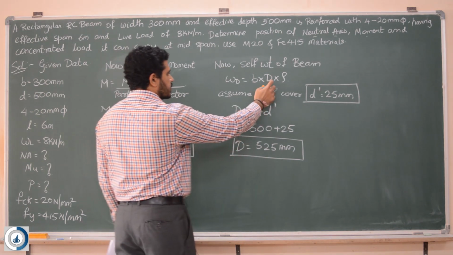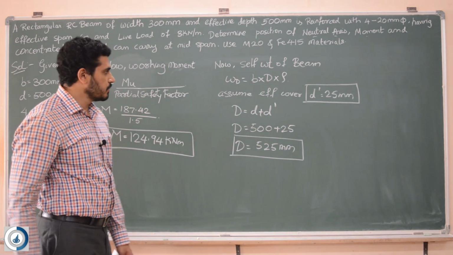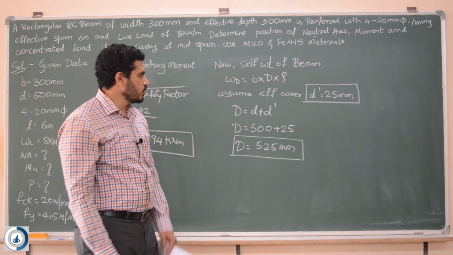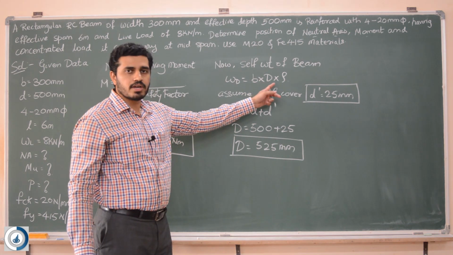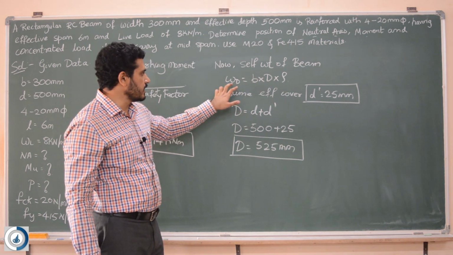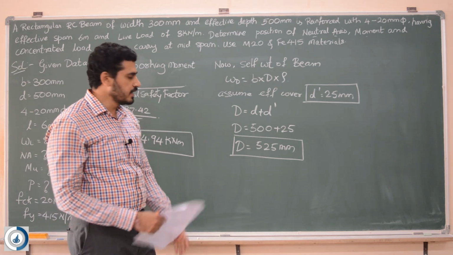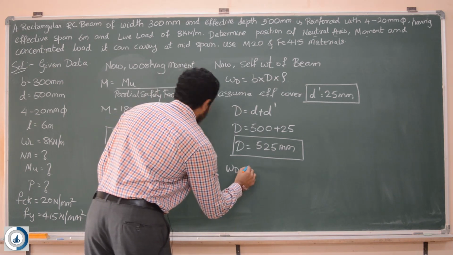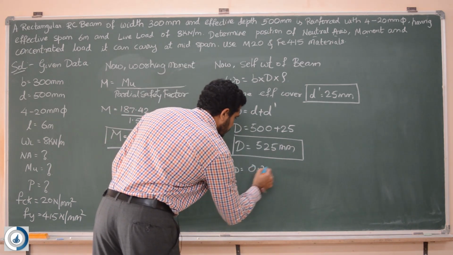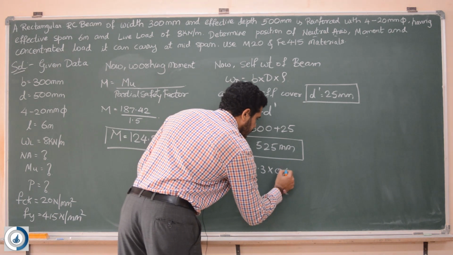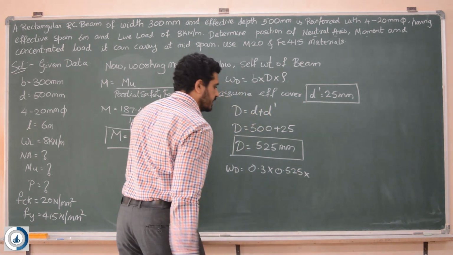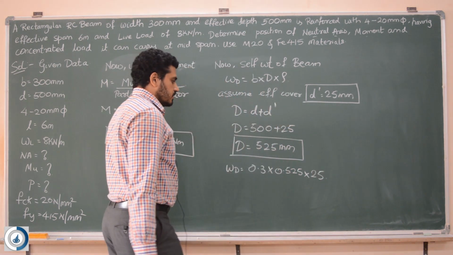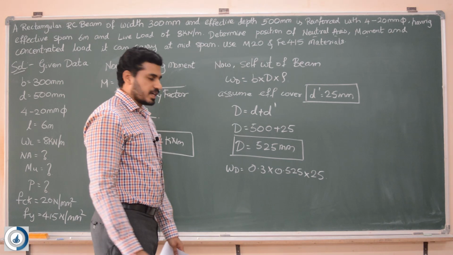Now this D can be substituted here and you can get the dead weight of the beam. One thing you have to remember is that the density is in kilonewton per meter cube, so we will substitute small b and overall depth in meters, so that we get the dead weight of beam in kilonewton and meter. So WD equals b, which is 0.3 meters, that is 300 mm, into 0.525, that is overall depth, into the density of concrete, 25 kilonewton per meter cube.